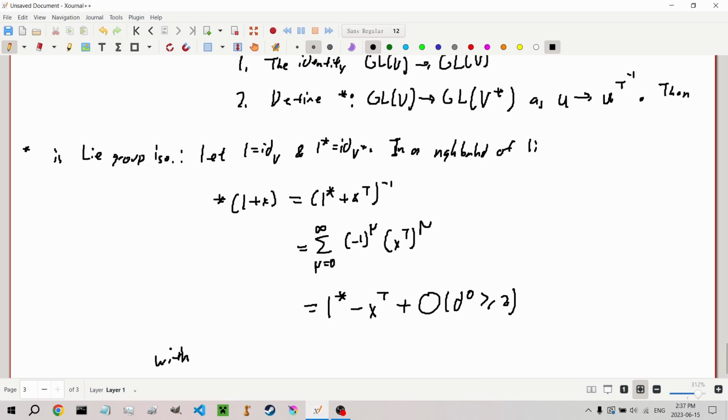With the algebra equivalent of star on x being negative x transpose.